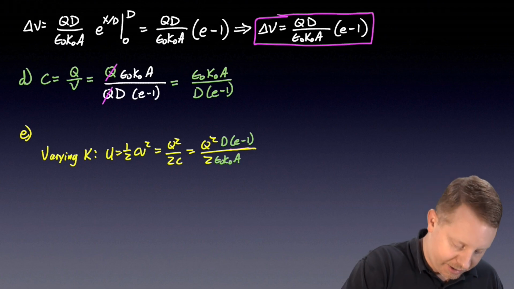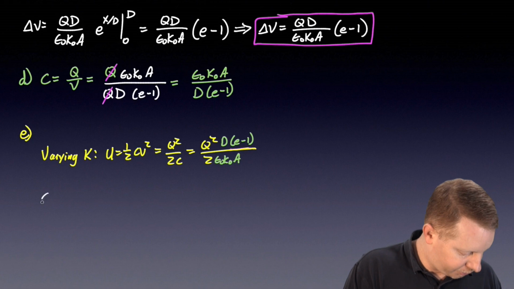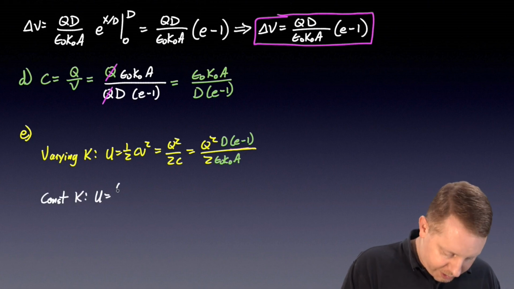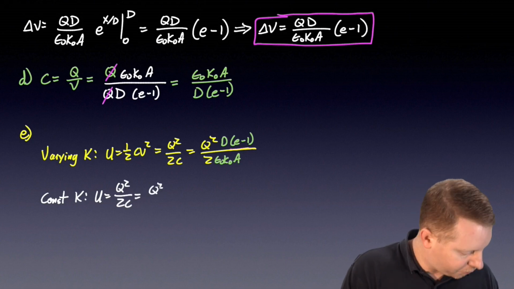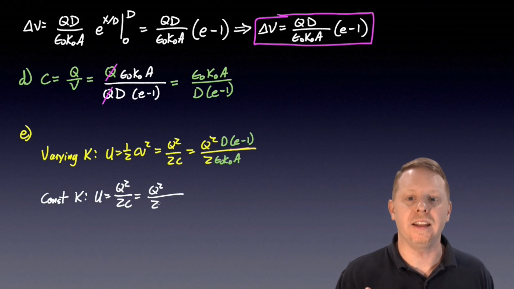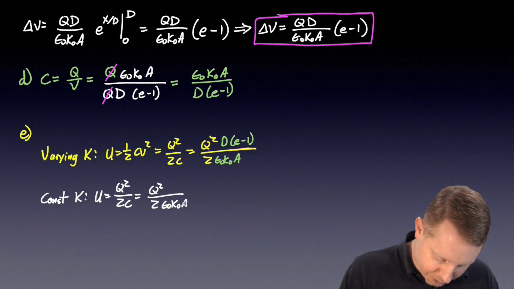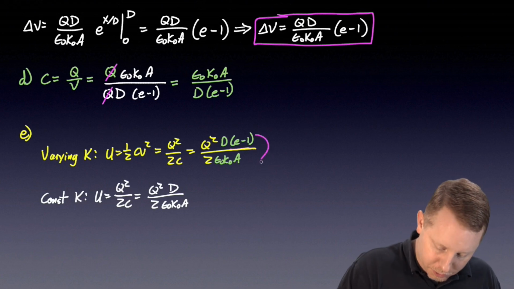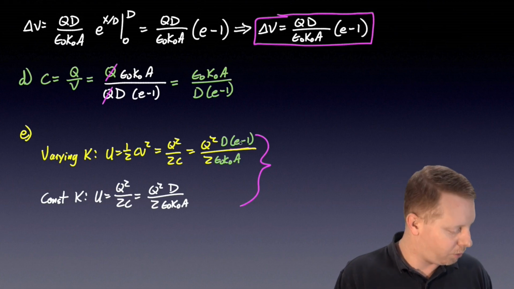If, however, we had a constant dielectric constant in our capacitor, so if we have constant kappa, we can use our same formula, U equals Q squared over 2C, which is going to be Q squared over 2, the capacitance of a standard parallel plate capacitor with the constant dielectric, epsilon naught kappa naught A over D. So as I now compare these two, I notice that the only difference is this factor E minus 1.